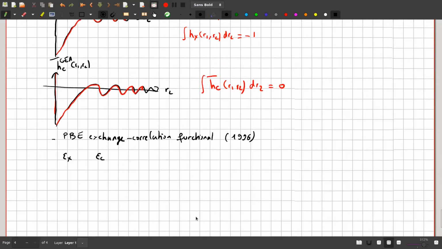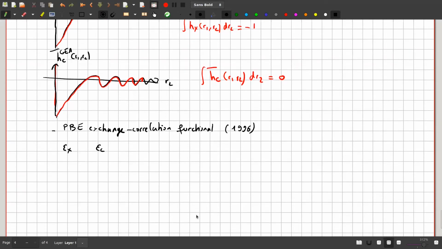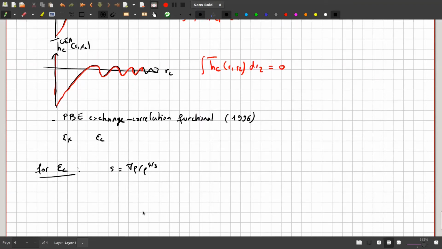And to give you an idea about the conditions that they imposed, let's start with epsilon c. So they imposed basically 3 conditions. I will define the reduced density gradient as S, so gradient of rho over rho to the 4 over 3. And so they impose the three following conditions.